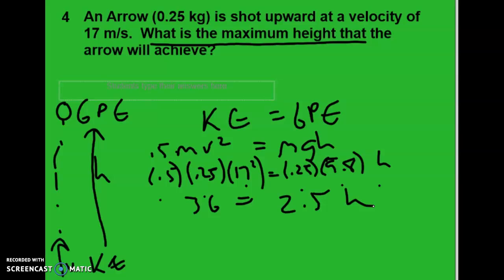So now I'm left with 36 is equal to 2.5 times h. If I divide by 2.5 on both sides, 36 over 2.5 equals 14.4. All right, real fast, and that's going to be meters. That's the height.